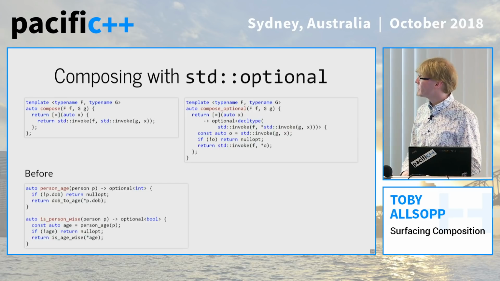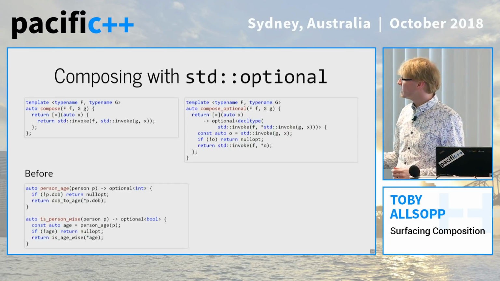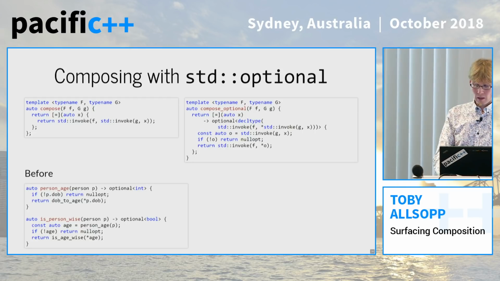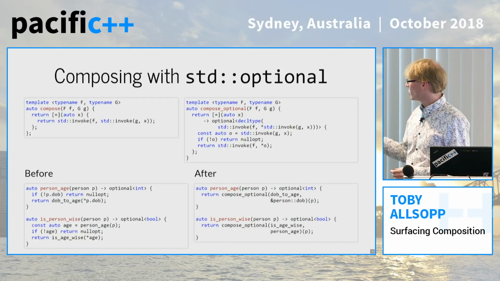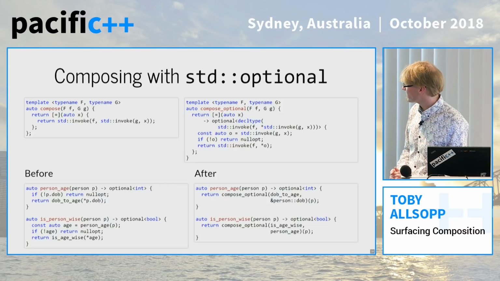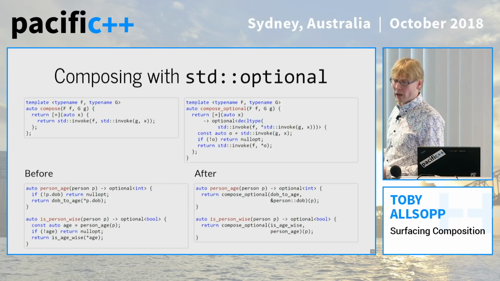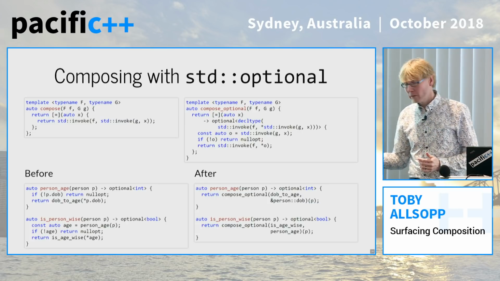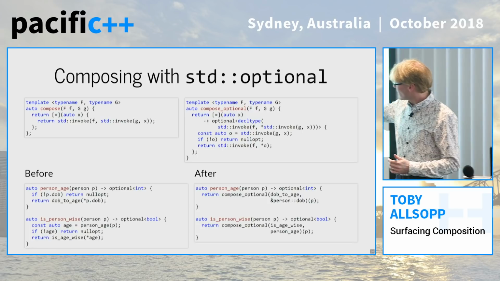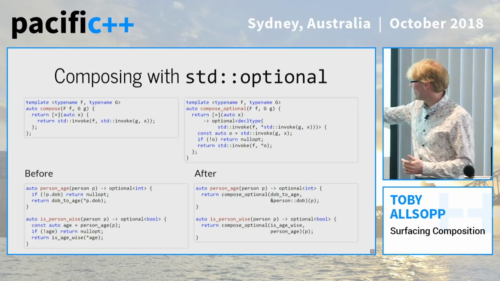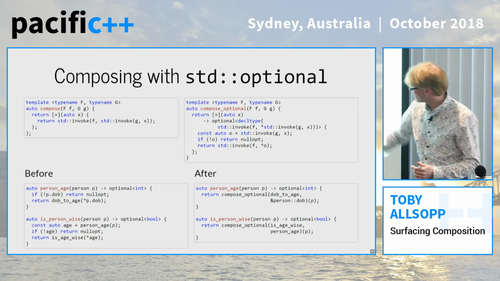So then we can rewrite these two functions. We had person age and is person wise, which both had this pattern in. We can rewrite them to use this optional composition operator in the same way that we rewrote our function earlier to use compose, where we're composing these functions together and then we just immediately call the result.